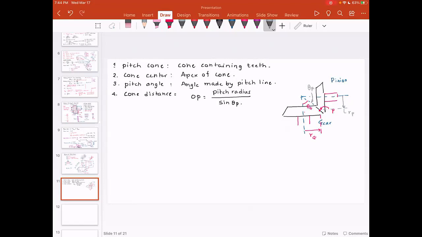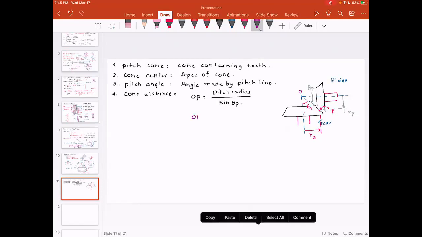Now, one thing we need to take into account is that if you look at the distance OP, whether you consider OP on the pinion or on the gear, it is the same.